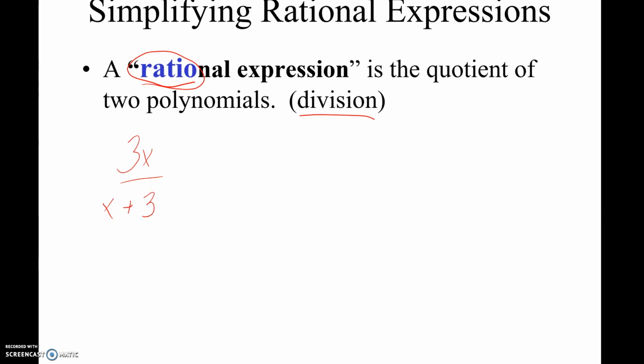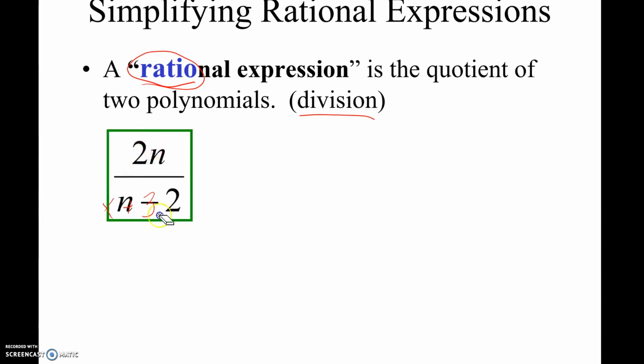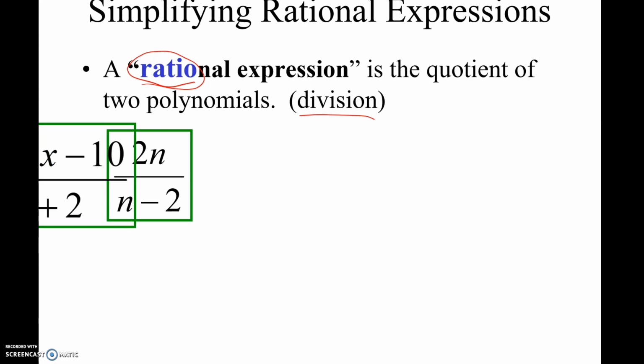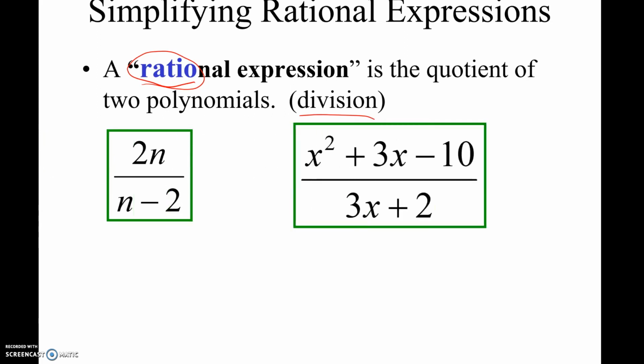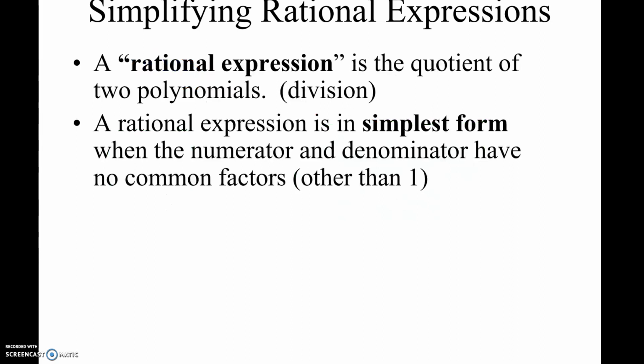For example, 2n over n minus 2, or x squared plus 3x minus 10. We want to be able to work with these so that eventually I can put an equal sign in there and solve. A rational expression, which is just a fraction, we want in its simplest form, when the numerator and the denominator have no common factors.